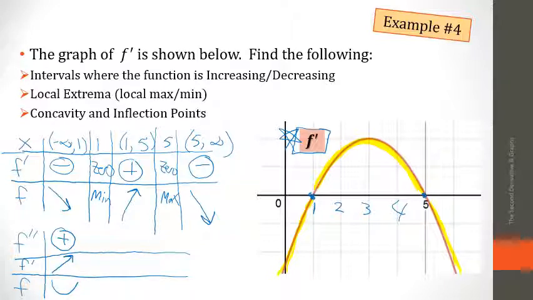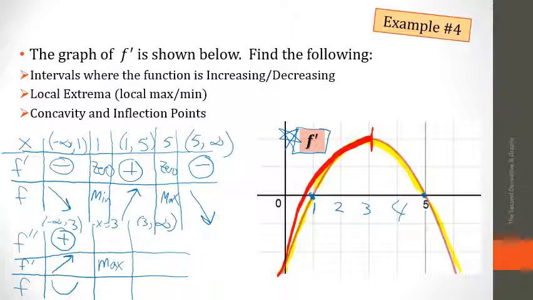Well, if you look at this function over here, it is increasing from negative infinity to 3. At x equals 3 it has a max, and then from 3 to infinity it is decreasing, right?